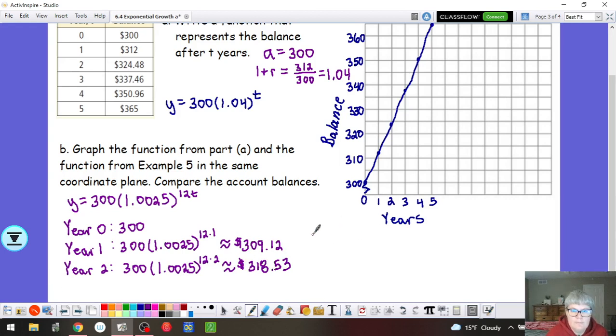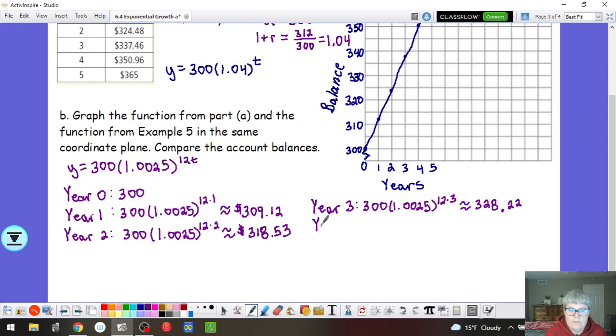Year 3, we have 300 times 1.0025 to the 12 times 3, or 36th power. $328.22 approximately.